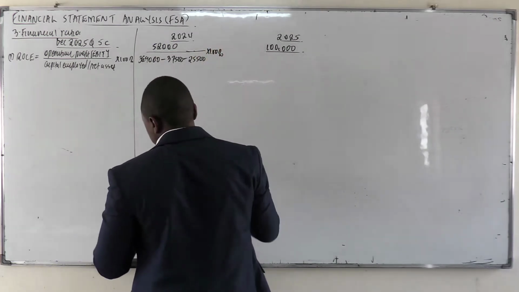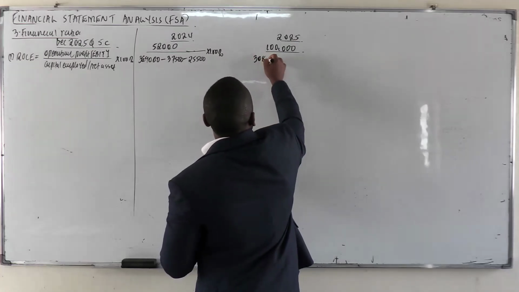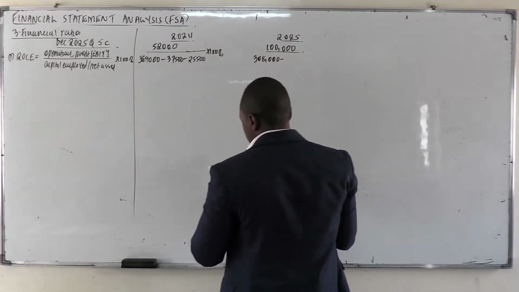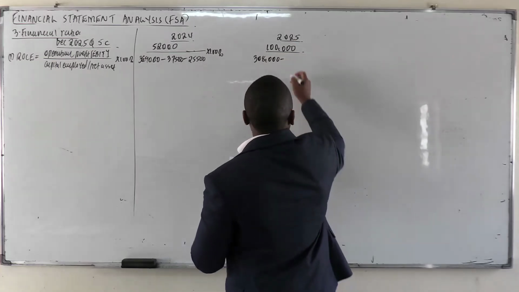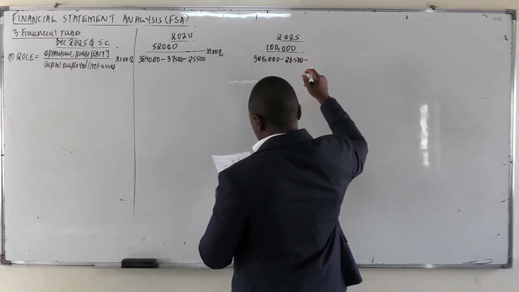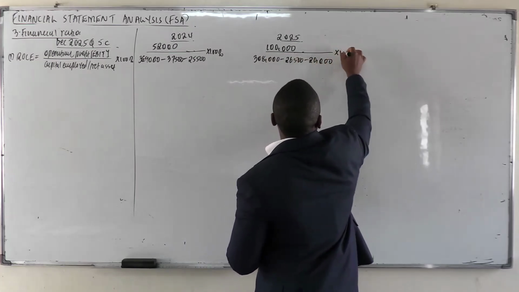Then for 2025, you take the total assets, which is 308,000, minus the current liability. We have payables of 26,500 minus accruals of 20,000, and then you multiply by 100%.